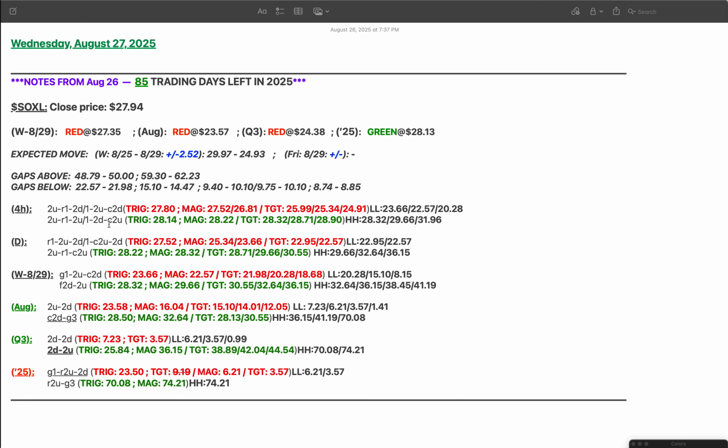So we do have a 1-2 down, combo 2 up with, let's go ahead and get our notes right. Right, so the first trigger would be 28.14, giving us a magnitude 28.22, which would then trigger the second strat into this 28.32. Again, we've got extended triggers and targets, but we don't really need to talk about those. Those will be in the triggers and roll into the extended triggers and targets of the day.